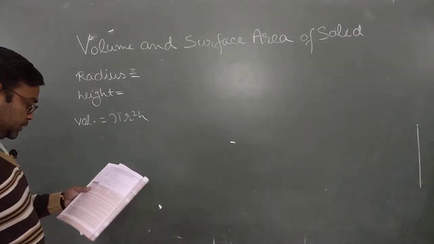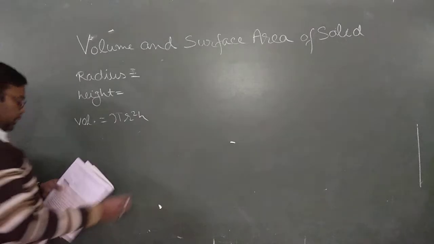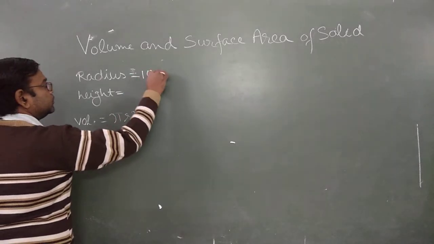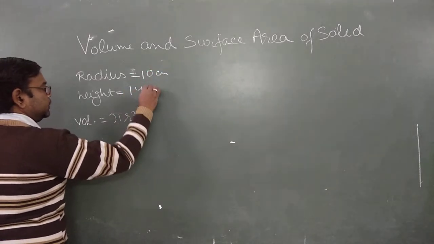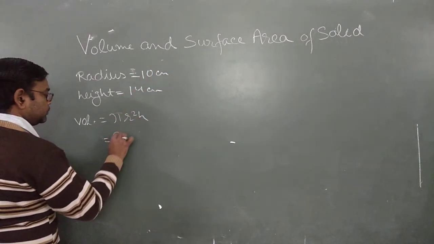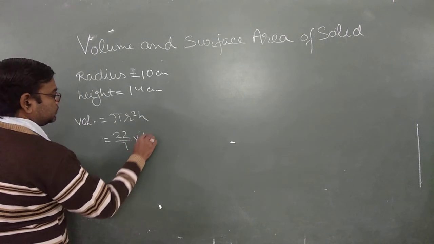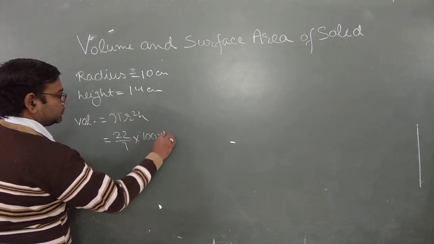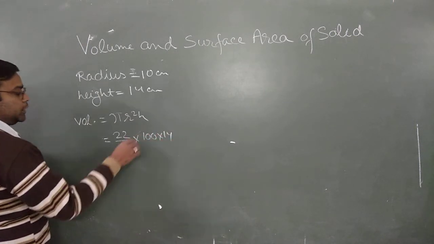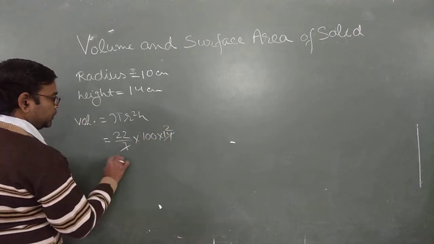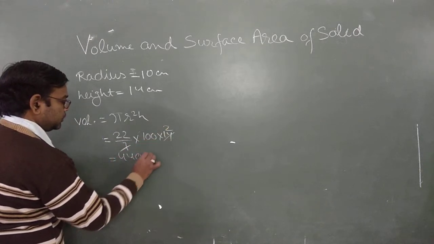Suppose the radius is 10 and the height is 14 centimeters. So the volume is 10 square is 100, it's 4400.